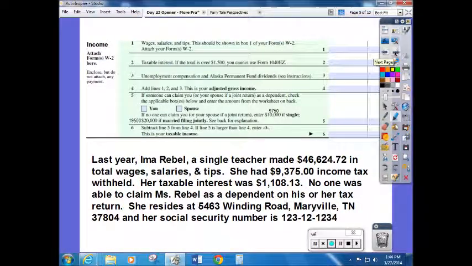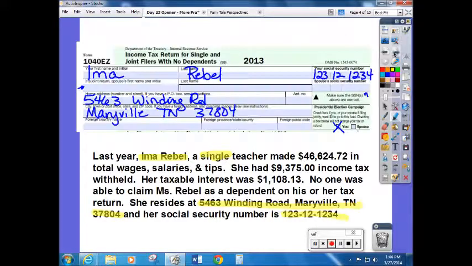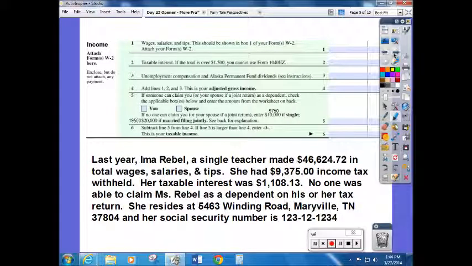Okay, the next section is income. Wages, salaries, and tips, which is shown in box 1 of our Form W-2. We also have that information right here in our instructions.